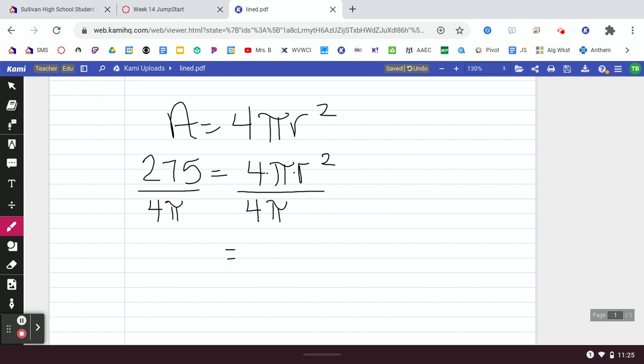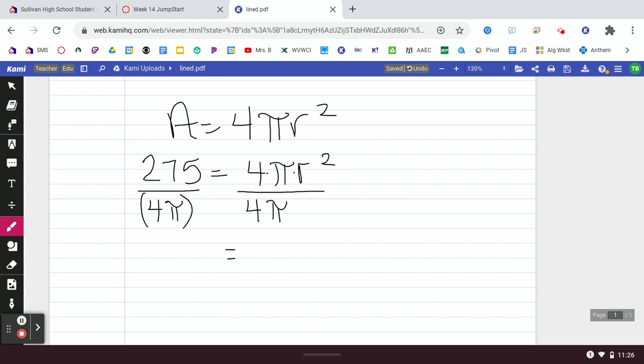And again, use your calculator. 275 divided by 4 pi. And I'm going to use my parentheses here because, remember when I said when you're punching a fraction into your calculator, you have to tell your calculator that this is one thing. Because if you don't, it possibly will do it in a different order.